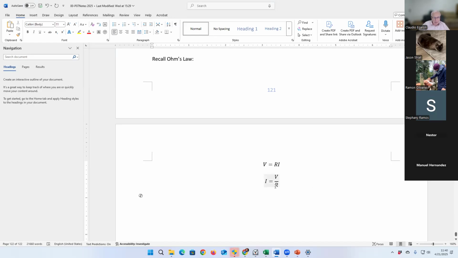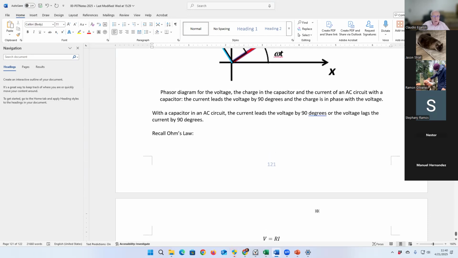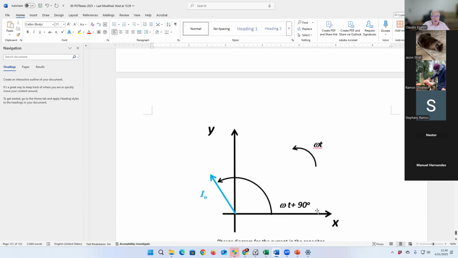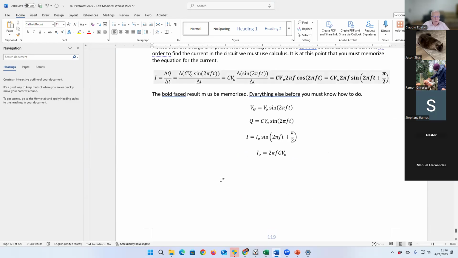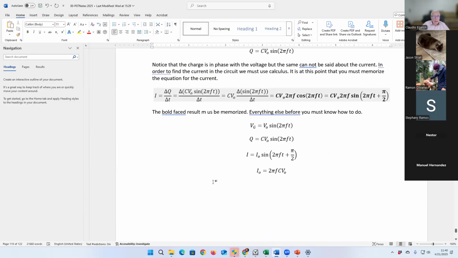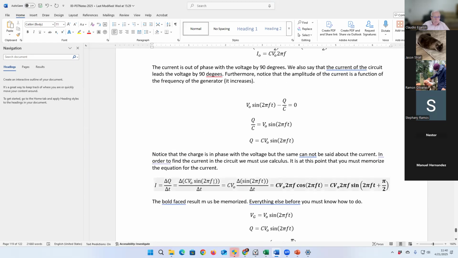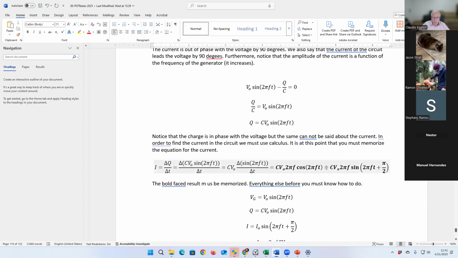The current is inversely proportional to the resistance, right? We're going to rewrite the expression of our AC current in a similar way. And I need to get the other one, this one here. This one that I need.